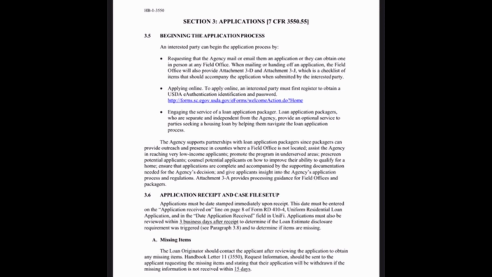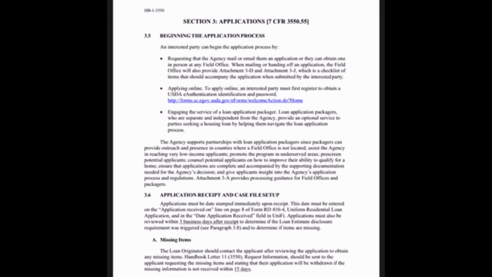And then they will also probably email you letting you know if you need to send anything else, because they have to check to see if you have any missing items within the first 3 business days of receiving your application.